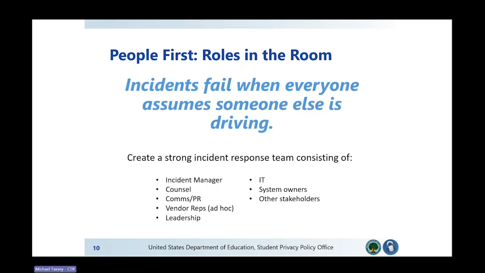It might be IT. Now, I would argue that IT might be more on the core side than the ad hoc side, but in a case of a breach involving cyber, certainly IT would be involved. And it could be various system owners or other stakeholders that might be involved depending on the data involved in the incident or the nature of the incident.